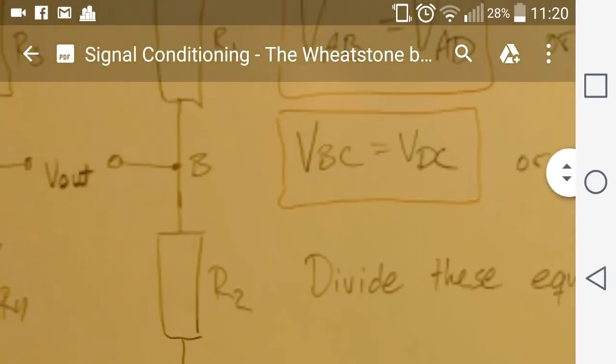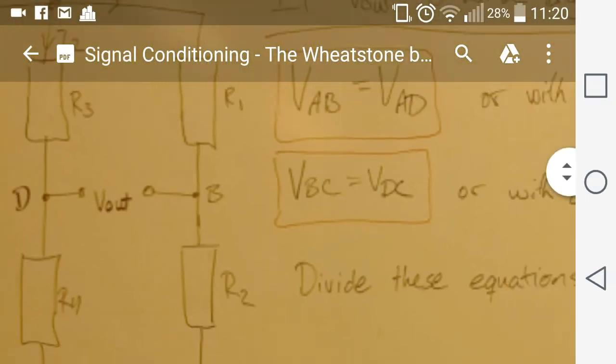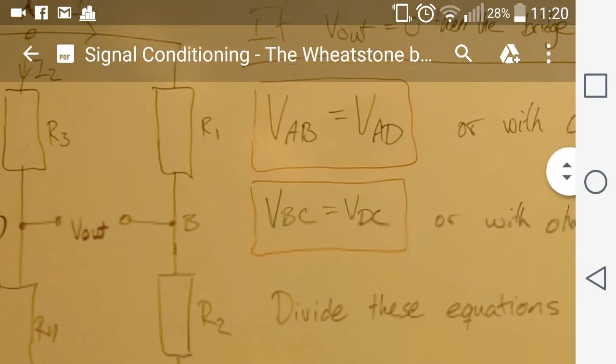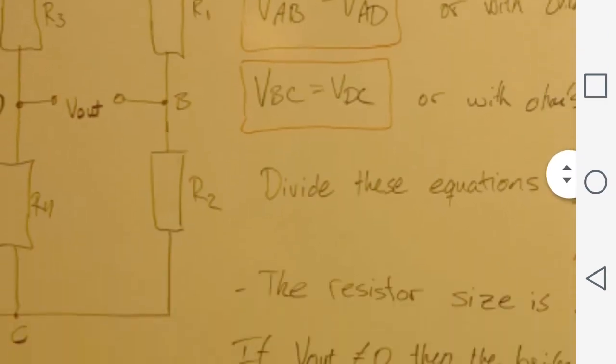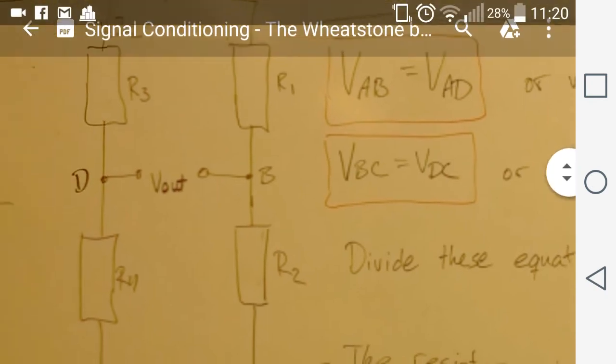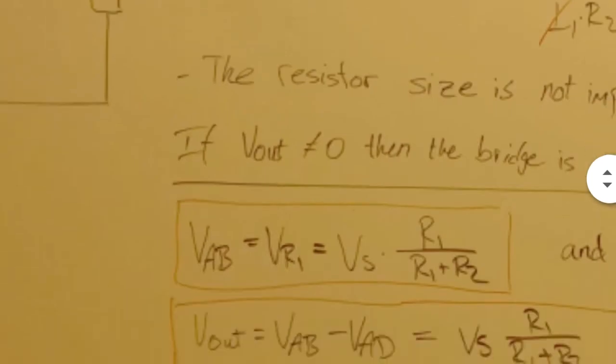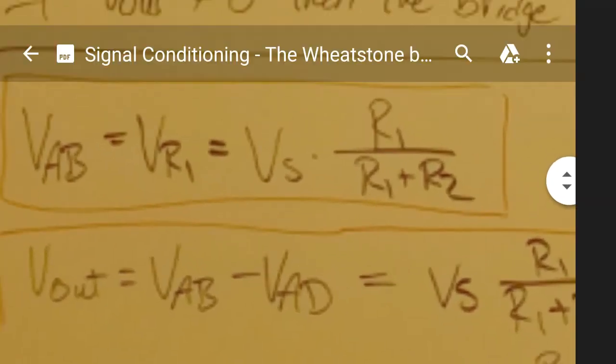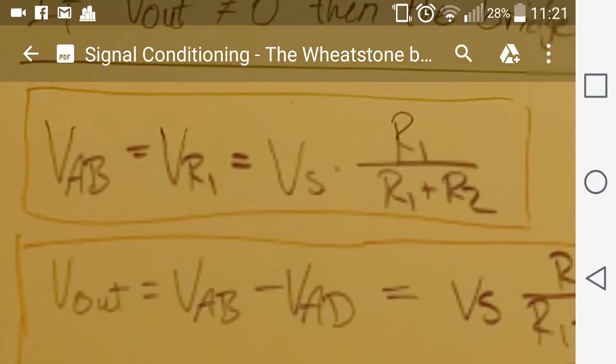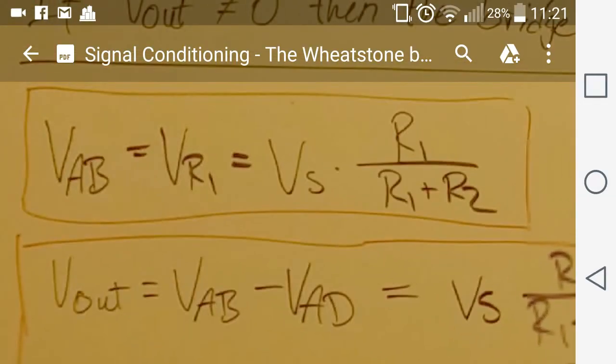If you go back and look at just R2 and R1, you can see that they are in series with the voltage drop which is equal to the source voltage, so we can allow ourselves to write it this way, where we say that the voltage AB is equal to the source voltage times the ratio of R1 divided by the sum of R2 plus R1.